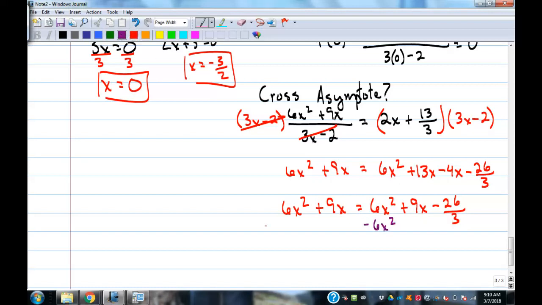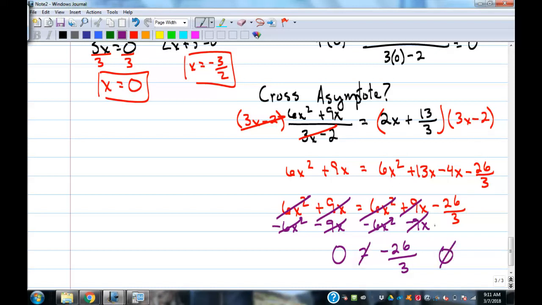Move the 6x squared. Move the 9x. Uh-oh. 0 equals negative 26 over 3. No. No solution. So does it cross the asymptote?